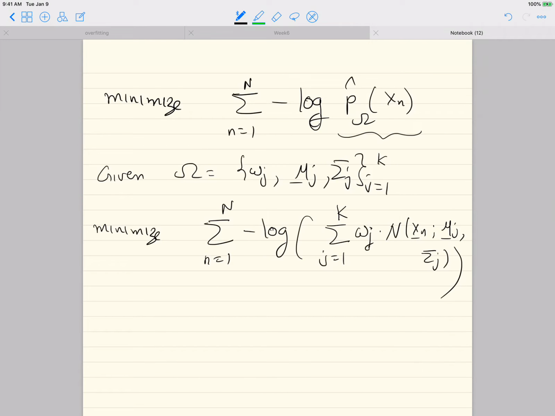All we have to do is evaluate it at the data point of interest, xn. So just replace x by xn in that function and you will get a value. Is this clear? This is a key step. This tells you what a Gaussian mixture model is, how it's assigning probabilities to different data points, what's the role of different Gaussians, and so on.